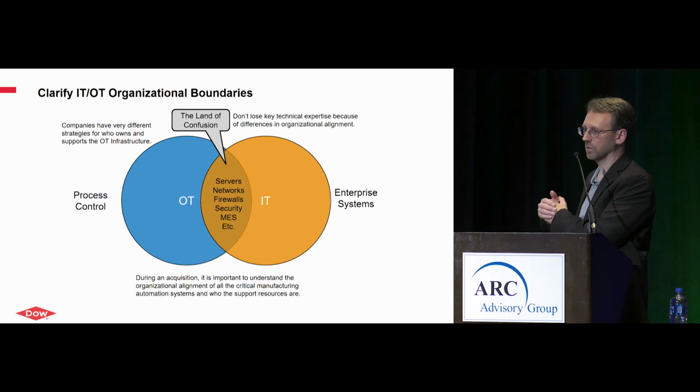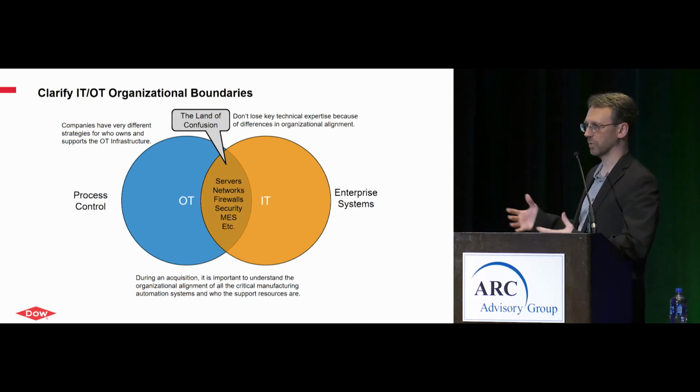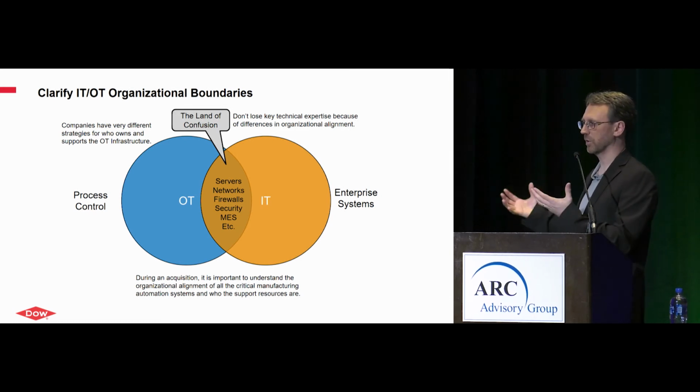And there were a number of cases where we had to go back and have discussions. Okay, who's going to support this? Who's going to own this? And identifying ownership was a painful process. And getting the right resources retained to support all those different pieces was also interesting, because of the disconnect.